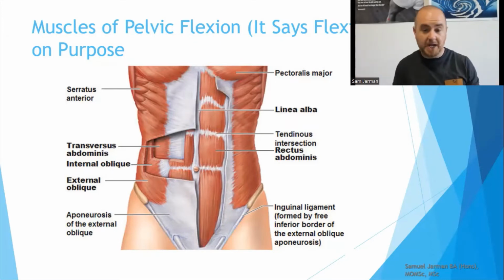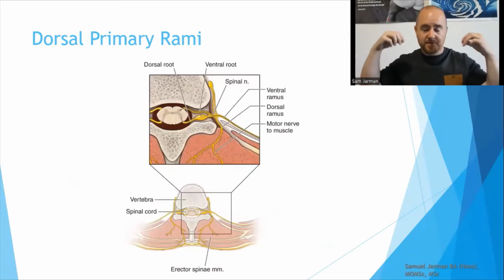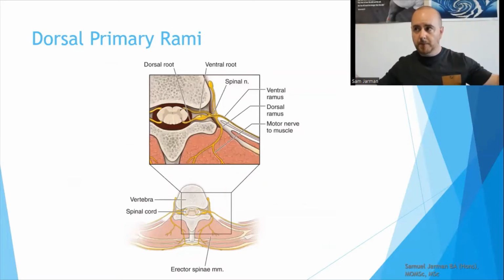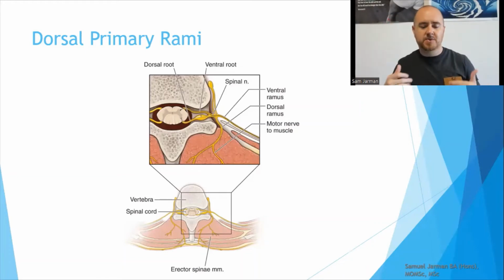Now, as far as the erector mass or the muscles of the posterior region or the vertebral muscles and intervertebral muscles, look at the dorsal primary rami. So out of each related spinal segment or vertebral segment, the dorsal primary rami is going to go backwards through the region. It is going to innervate the muscles for motor tone, as well as innervate the skin very, very close to the vertebral column. So you've got motor tone and sensation coming from the dorsal primary rami.